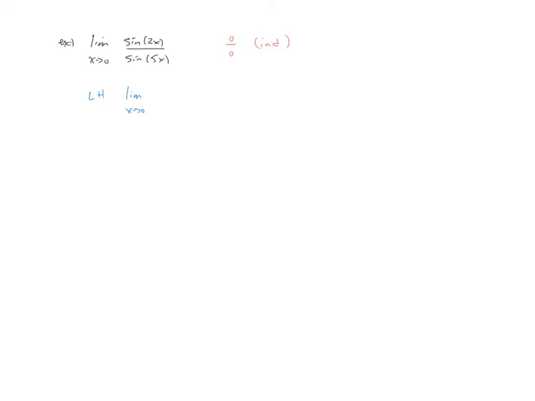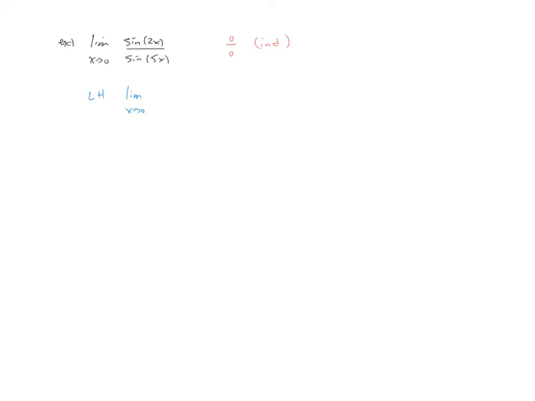Remember, for limits, the limit notation needs to be before each step unless the variable is gone. So limit on every single step. Additionally, I want you to get in the habit of writing LH anytime you run L'Hopital's rule. That's going to make grading your work much easier to understand.